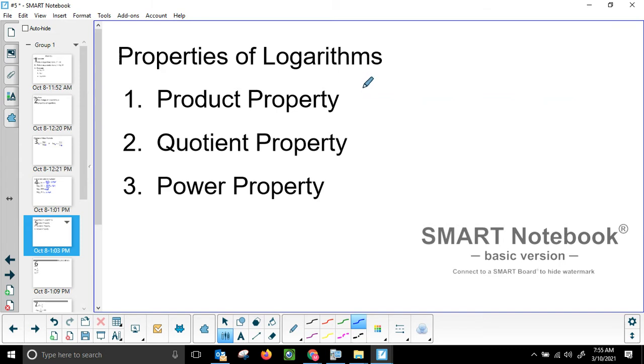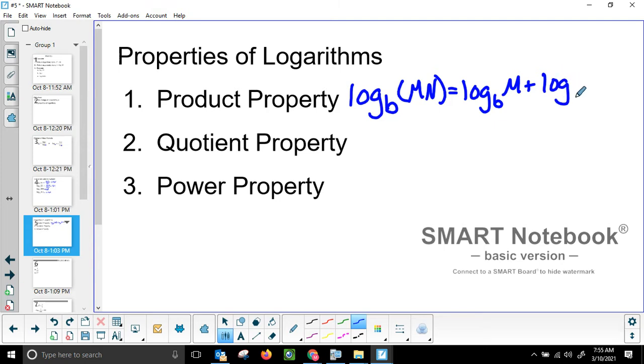These are used to condense and expand logarithms. The product property says that if you have log, and this can be of base b, and your argument is a product of two things, so maybe m times n, that can be broken up as log base b of m plus log base b of n.